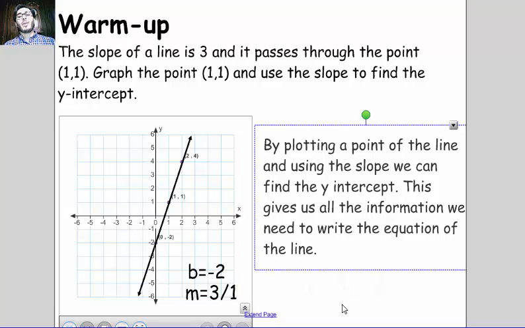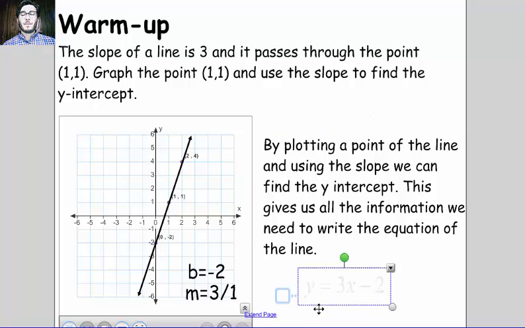By plotting a point of the line and using the slope, we can find the y-intercept. This gives us all the information we need to write the equation of the line. So what would be the equation of a line that has a slope of 3 and passes through the point (1, 1)? Well, it would be y equals 3x minus 2. Right? We found the slope and we found the y-intercept.